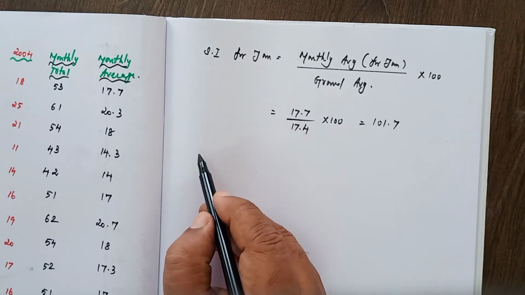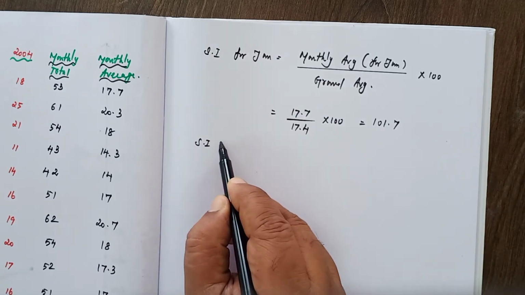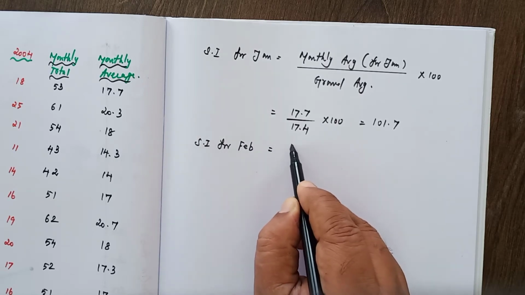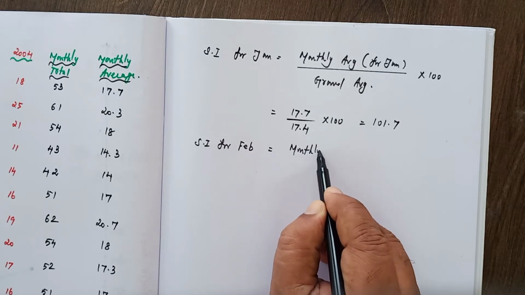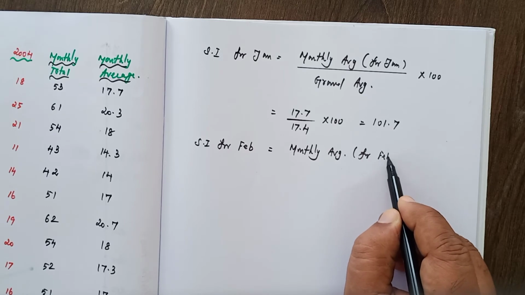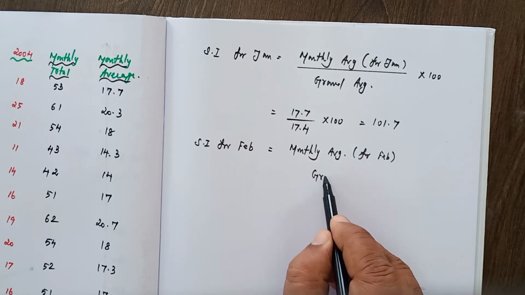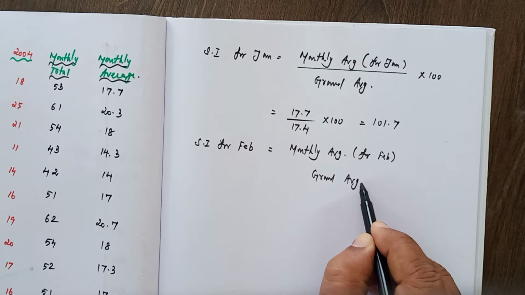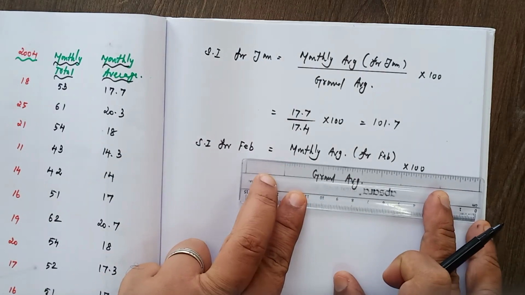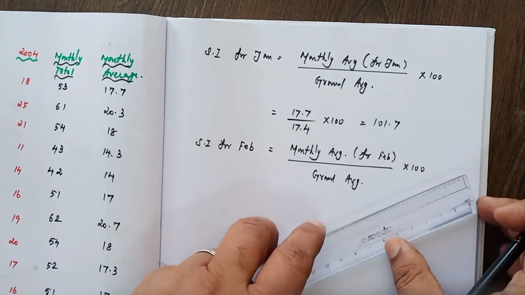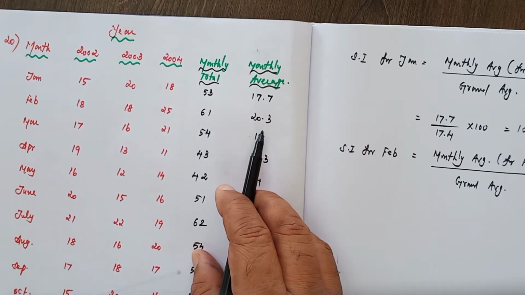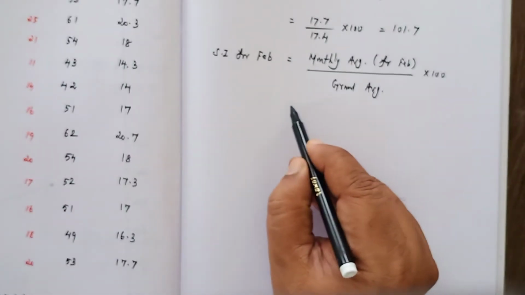Like that you have to calculate the seasonal index for the month of February, which equals the monthly average for February divided by the grand average into 100. The February average is 20.3 and the grand average is 17.4 only.